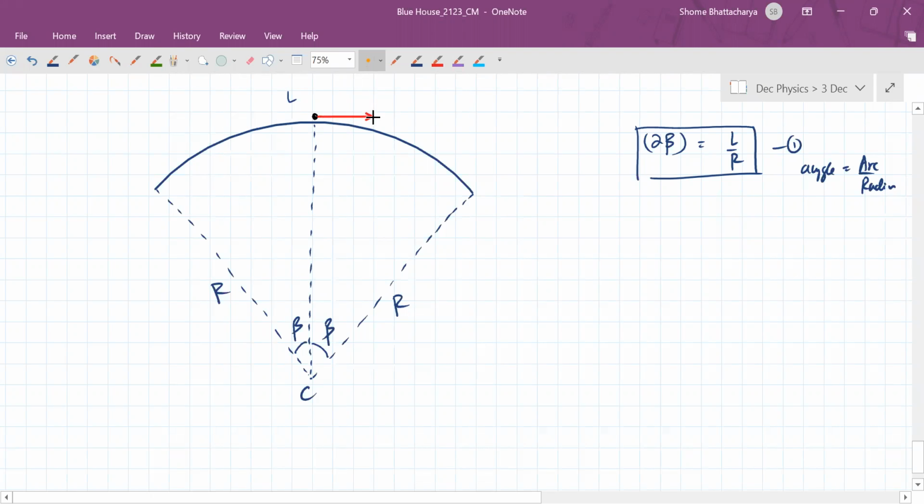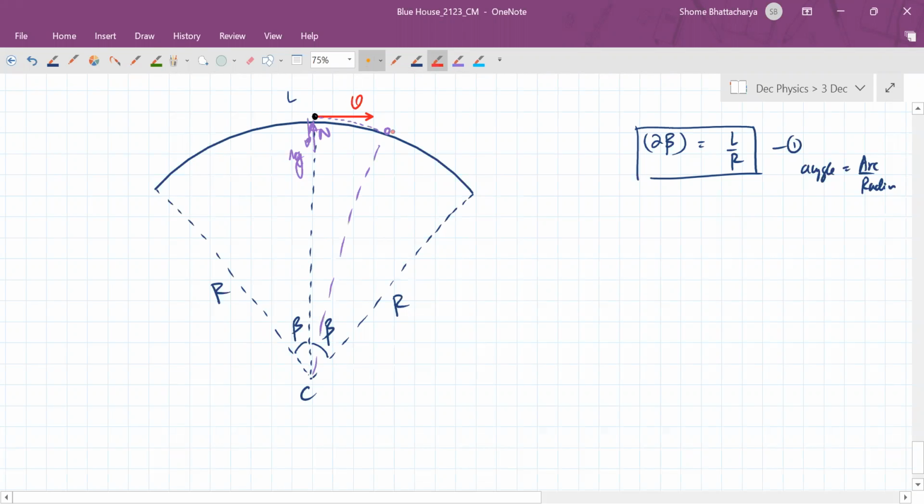If we don't want the motorcycle to jump off, we want it to remain in contact, so this normal reaction should be non-zero. The condition for the normal reaction to be non-zero is that it should have the required centripetal acceleration so that it can continue like this.